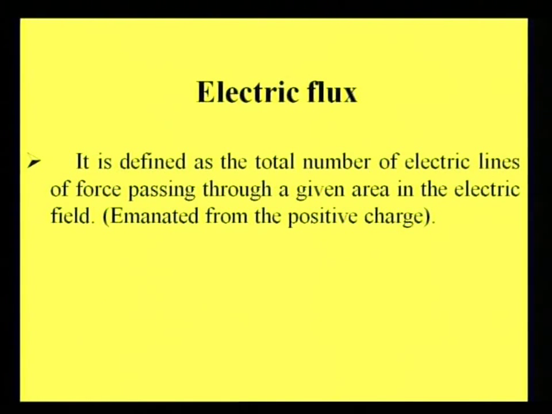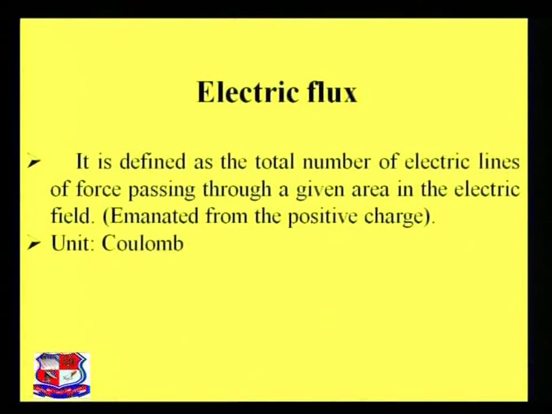And here one thing, the unit of electric flux is coulomb. Friends, it is very important that we know the units of different quantities. In an example, after calculating any quantity, we have to write down the unit. So here the unit of electrical flux is coulomb. It is measured in coulomb.